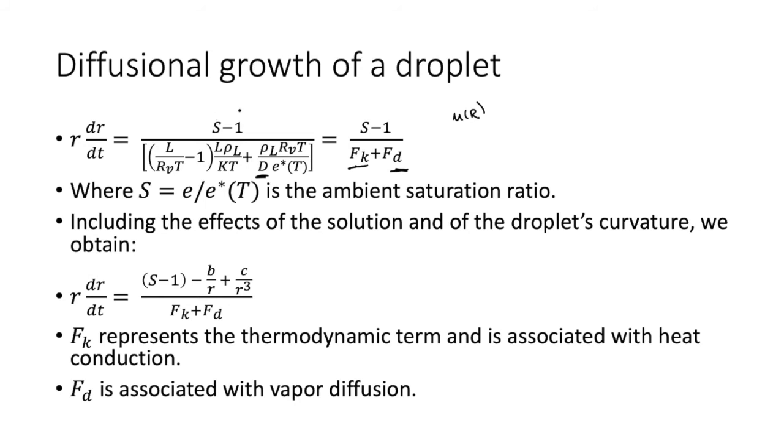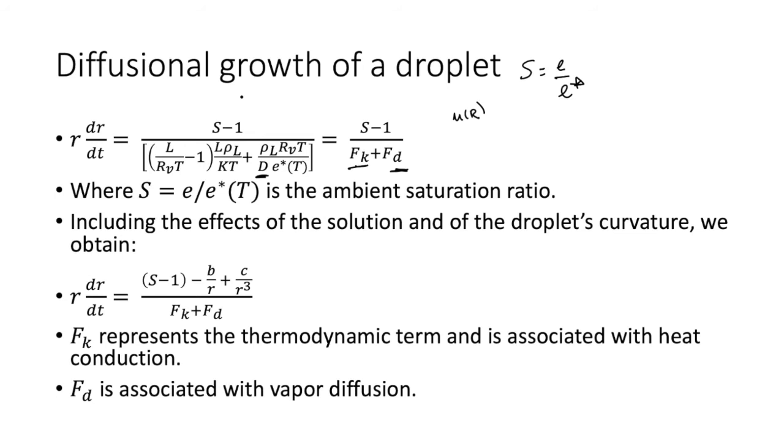S minus 1 is the degree of supersaturation, where S is defined as E over E star, okay? When you're at saturation, S equals 1, and so the supersaturation is 0. But when the vapor pressure is greater than the saturation vapor pressure, then you have supersaturation.